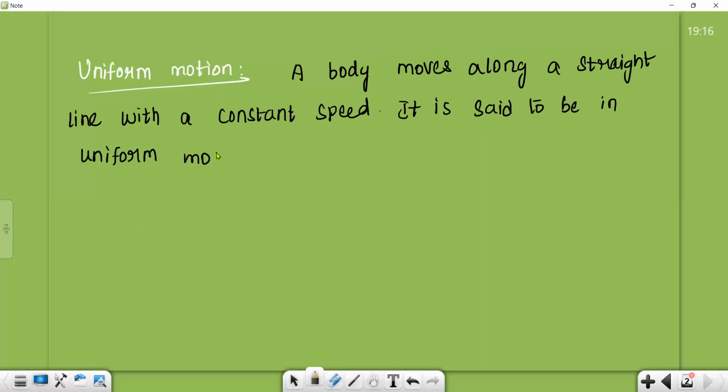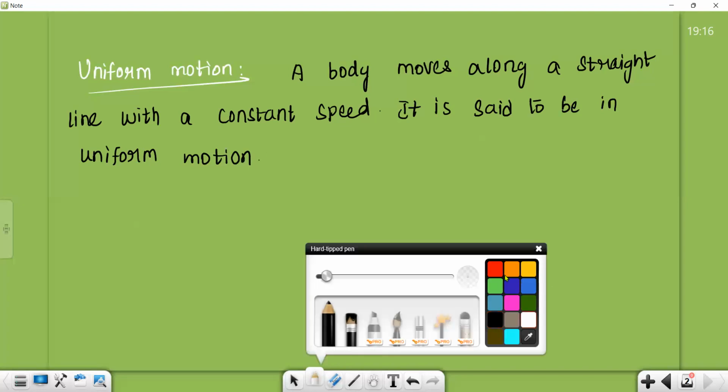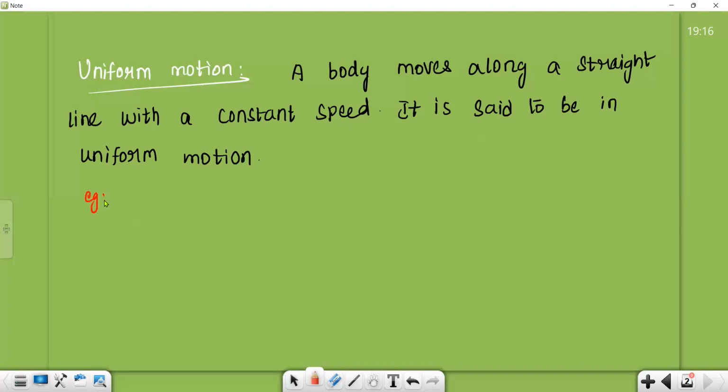Did you understand what uniform motion is? For example, you can write here: a car is running at a constant speed of 10 meter per second. So for every second it is traveling 10 meters.